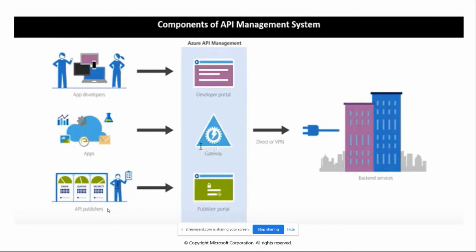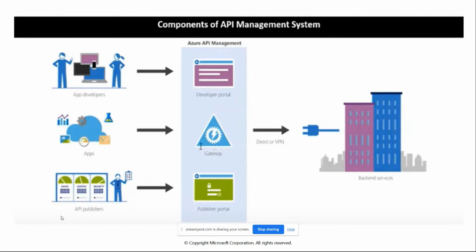Now let's see in brief all these terms, like the gateway or developer portal. We were talking about the developer portal, so let's continue with that. The developer portal serves as the main web presence for the developer, where they can read the API documentation, or try out the API via the interactive console.